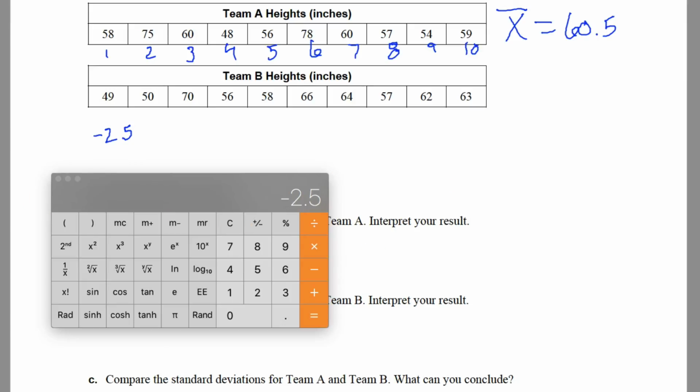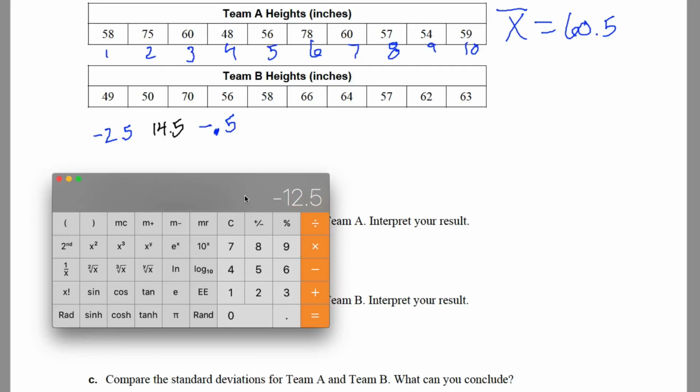Okay, now the next one, 75 minus 60.5 is 14.5. Minus 60.5 is negative 0.5. 48 minus 60.5 is negative 12.5.